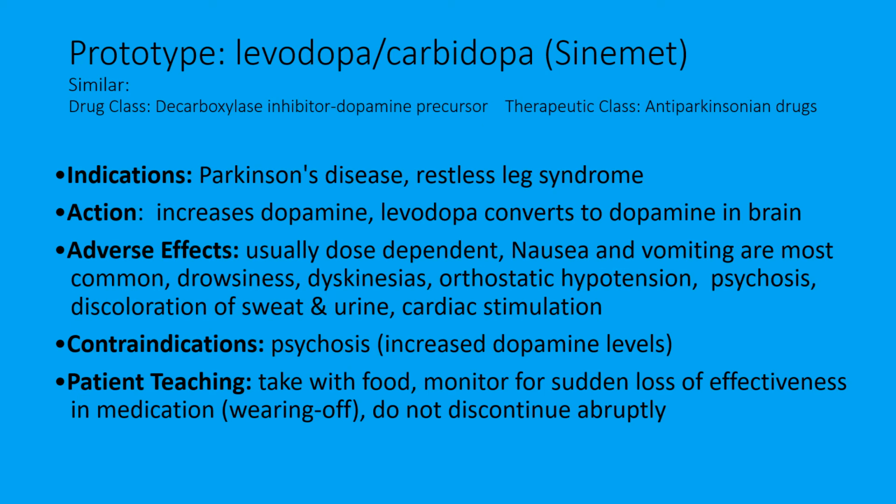So levodopa is increasing the dopamine in the brain, so it can lead in large doses to psychosis. Okay. And lastly, you can get a bit of discoloration of the sweat and urine. That wouldn't be a reason for stopping the medication.